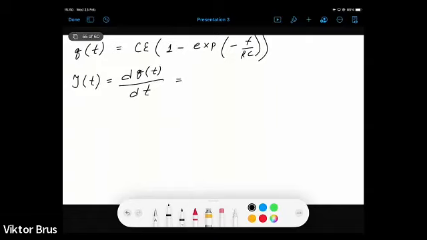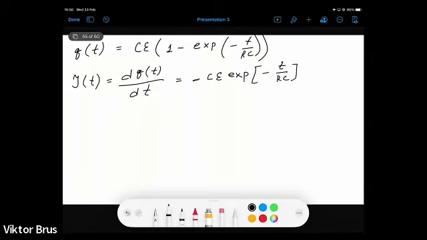Taking the derivative, we open the parentheses and take the derivative. It will be minus C epsilon times exponent minus t over RC.